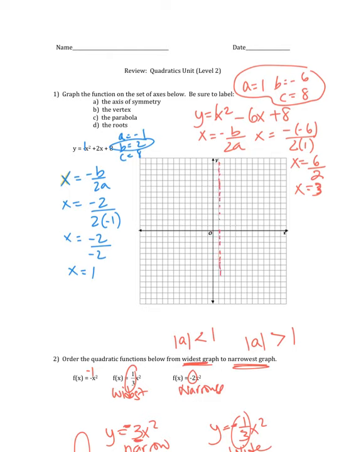You need the graph to do it. Your axis of symmetry was on 1, and when you plugged that in, we got, for the vertex, -1 plus 2 plus 8, it was 9, the vertex. So 1, 2, 3, 4, 5, 6, 7, 8, 9. So your parabola looked something like this.